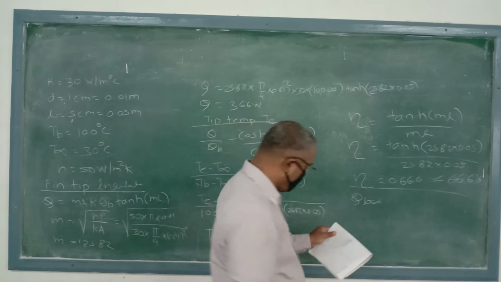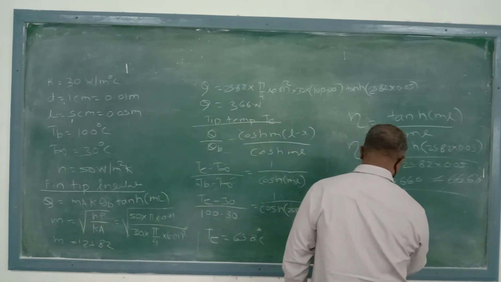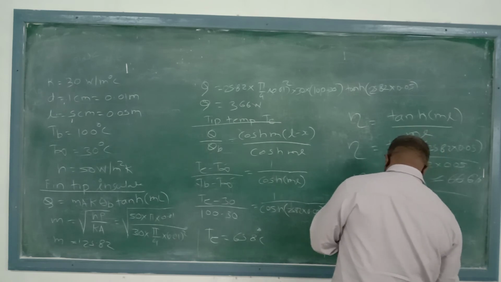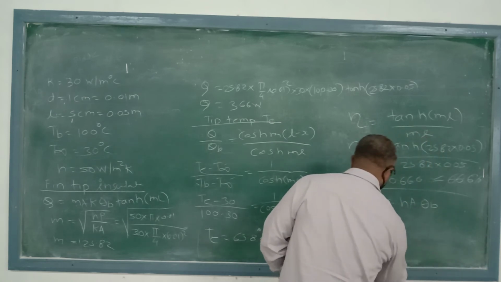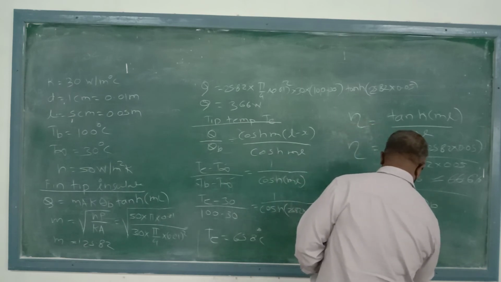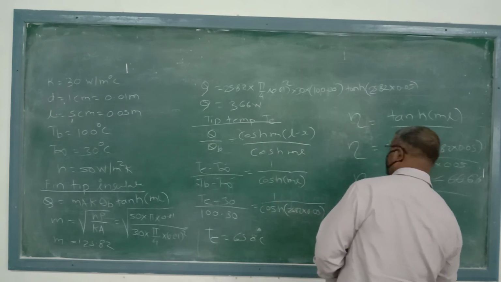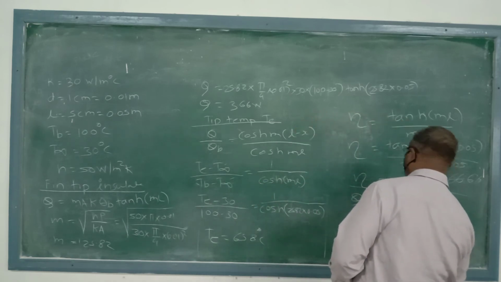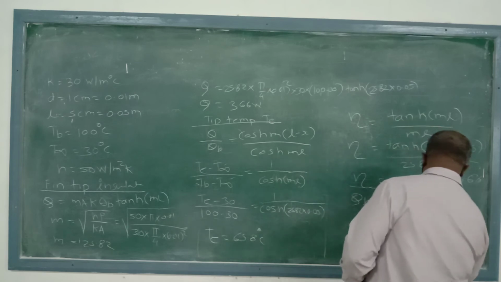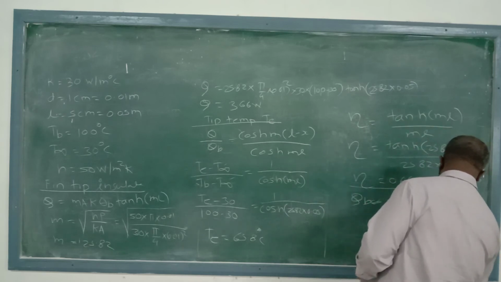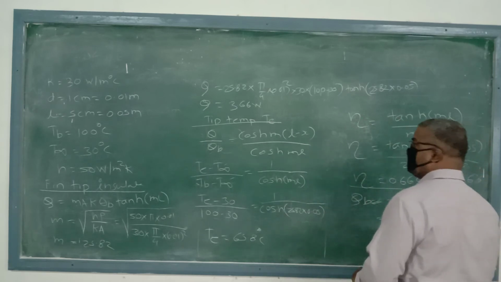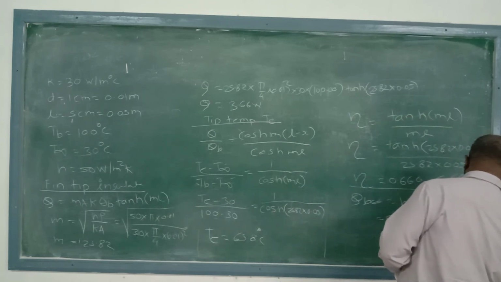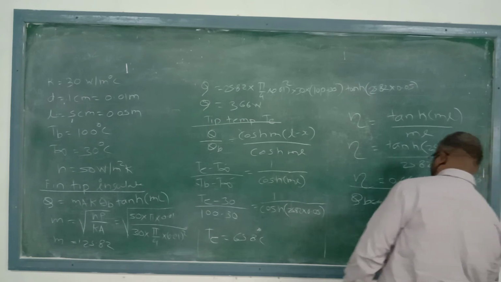Okay, so we can calculate h A theta B. So h, area pi by 4 into 0.1 square, theta B, which is 100 minus 30.